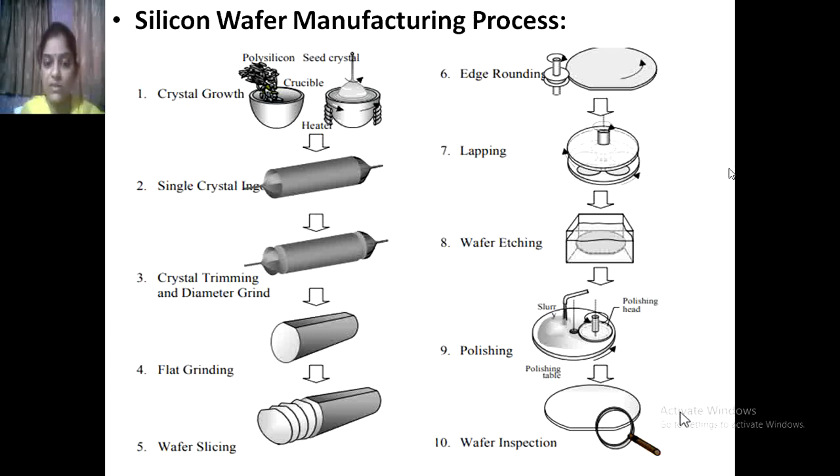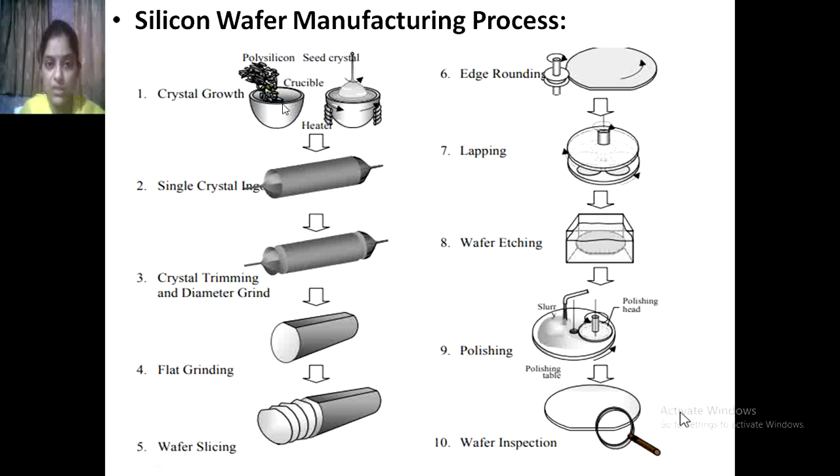Okay, so let us see how the silicon wafers are manufactured. So here, the raw polysilicon. Polysilicon we have already seen is the purest form of silicon, with 99.999% purity. So we first have to grow the crystal.